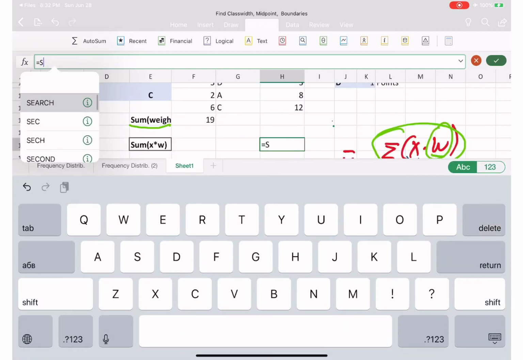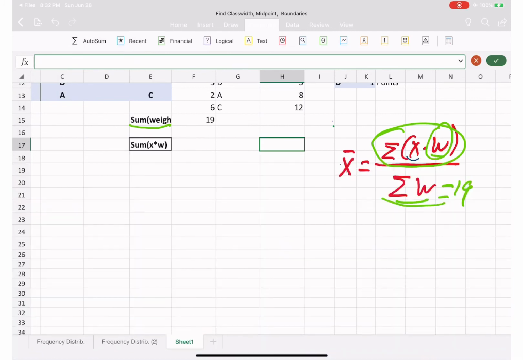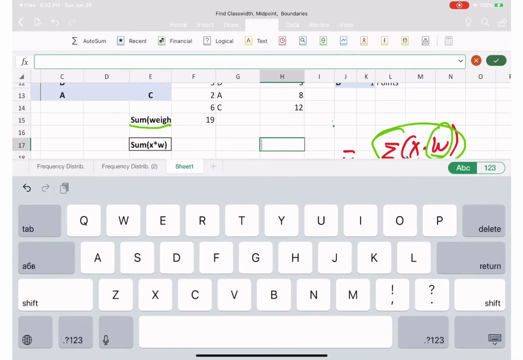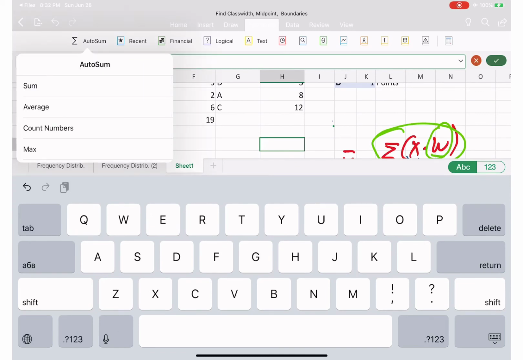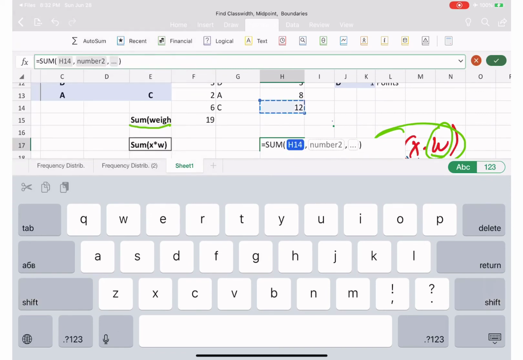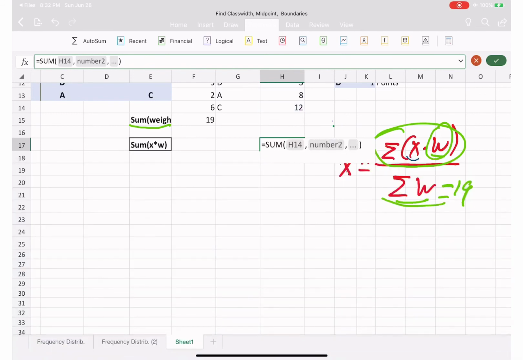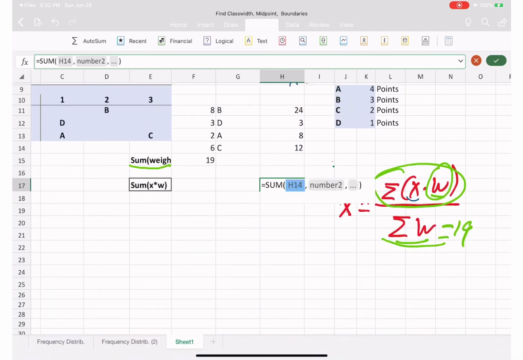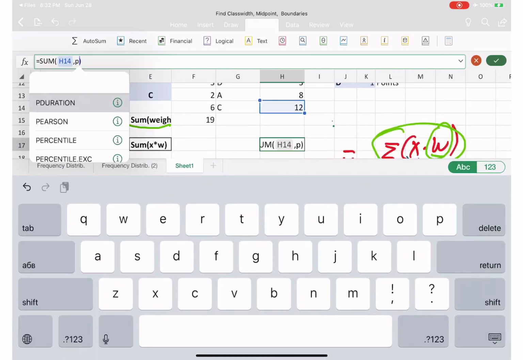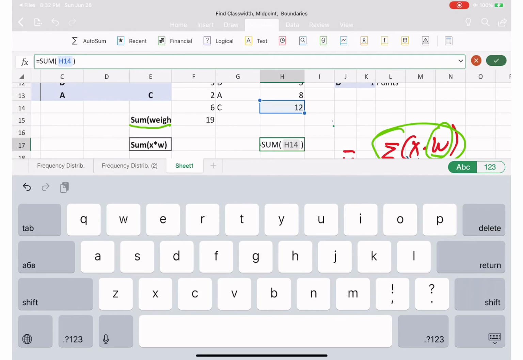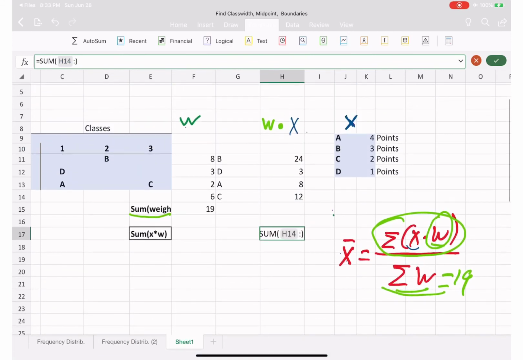Sorry, I'm working on iPad, Excel on iPad. So it's gonna be sum of this, colon, and the last number is going to be this one.